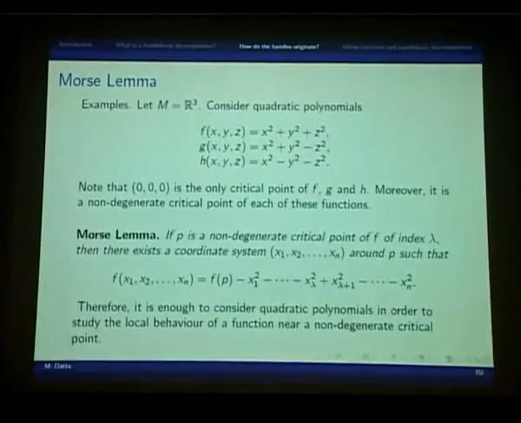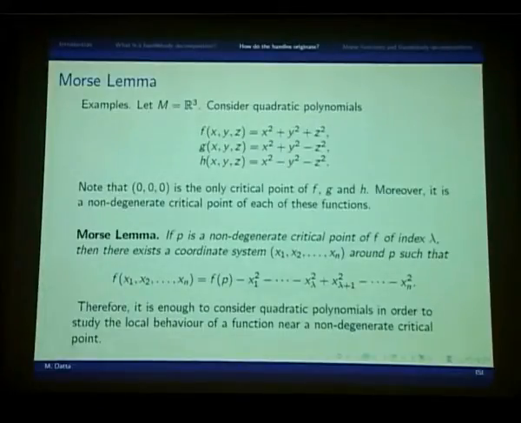So, some very simple examples in R3. I am just looking at only quadratic polynomials f, g and h. In each of these cases, 0 0 0 is the only critical point, there is no other critical point. Look at the Hessian of f, it will be the diagonal 2 2 2.